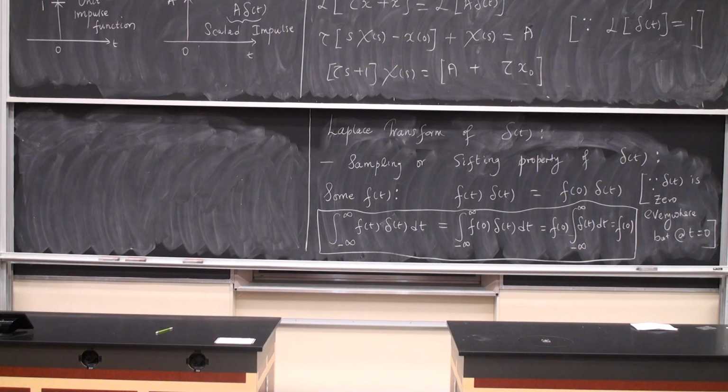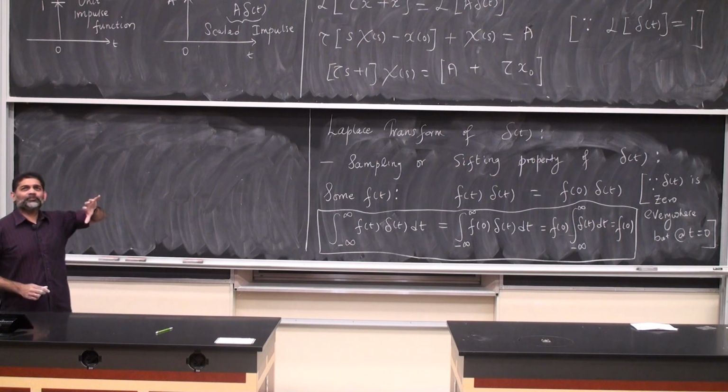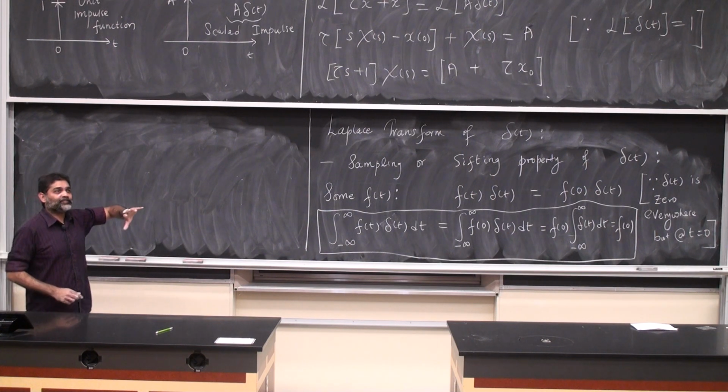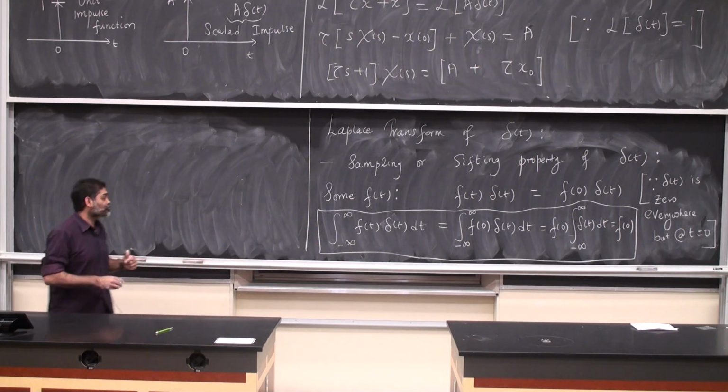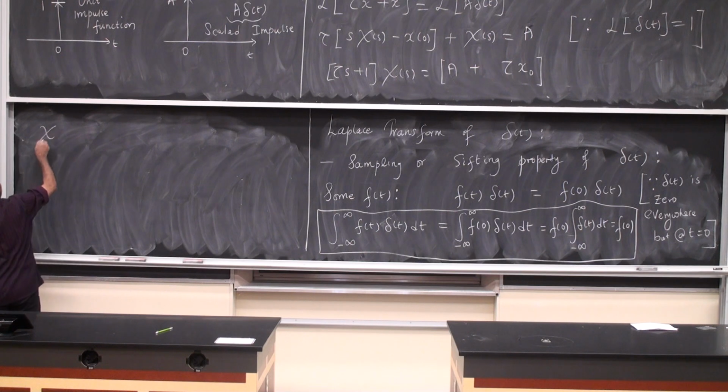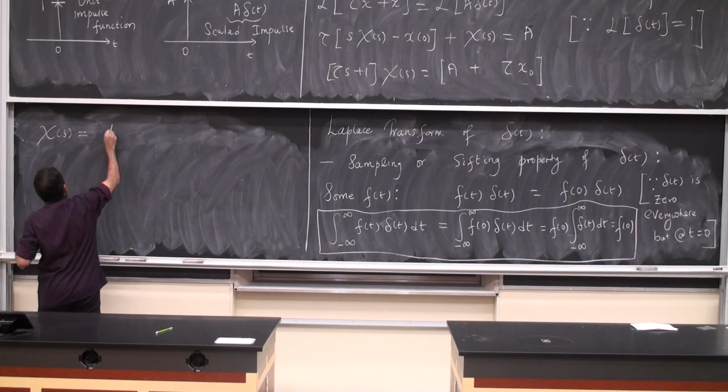All right, now I take the characteristic polynomial. We've done this multiple times. The tau s plus 1 is a characteristic polynomial. For a positive value of tau, the system is stable. So x of s is a.